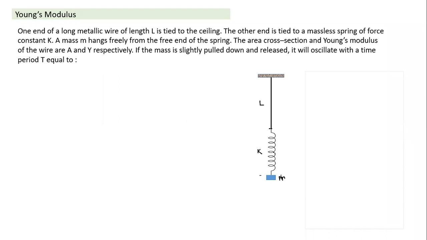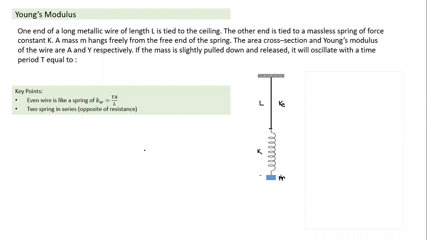What is the time period here? Moment we see this is a spring and this is a wire, mind gets really confused. You need to think of this wire also as a spring. And what is the spring constant of a wire? The key point, even a wire is also like a spring.